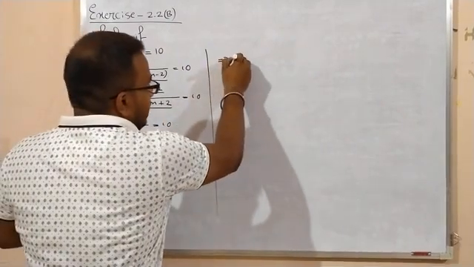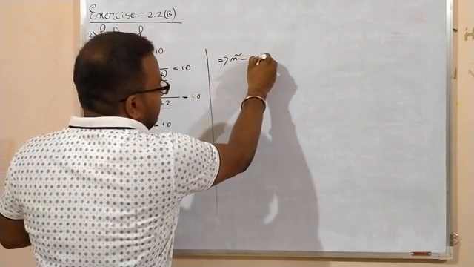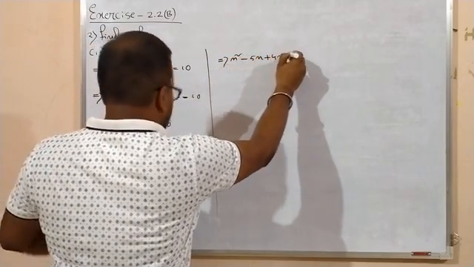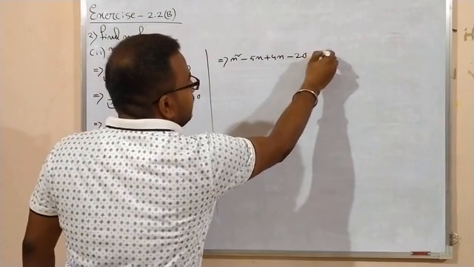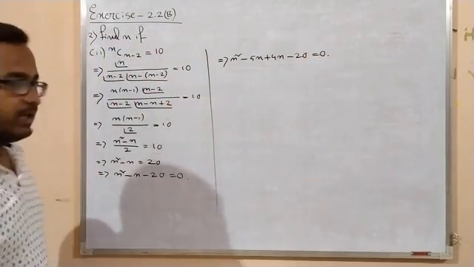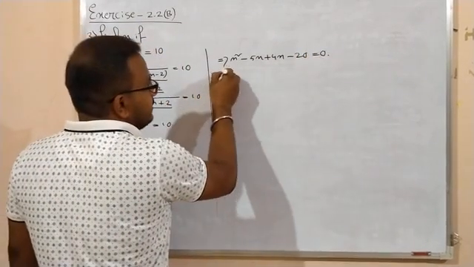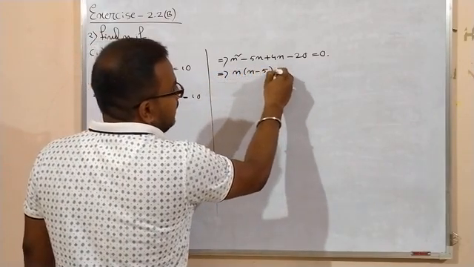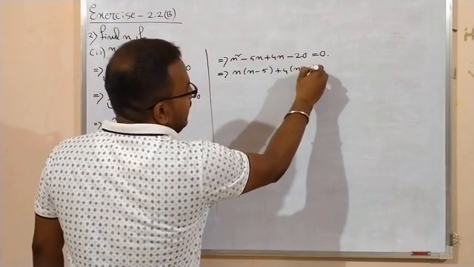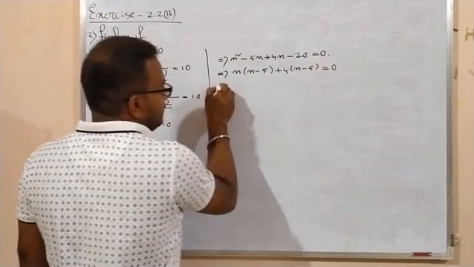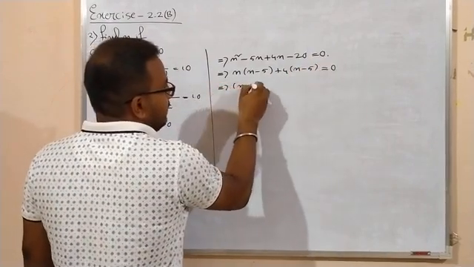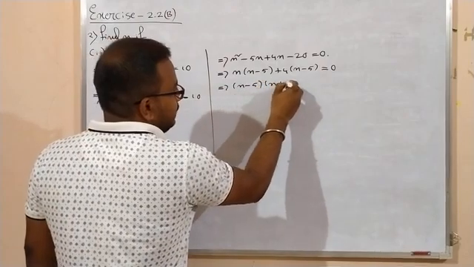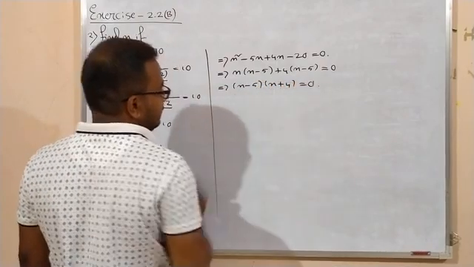This n square, it is minus 5n plus 4n minus 20 equals to 0, right? Now this implies n into n minus 5 plus 4 into n minus 5 equals to 0. Now it is n minus 5 into n minus 4 equals to 0, right?